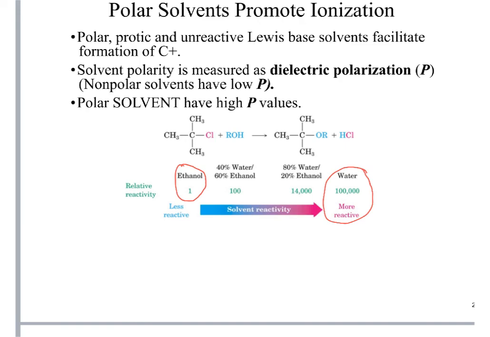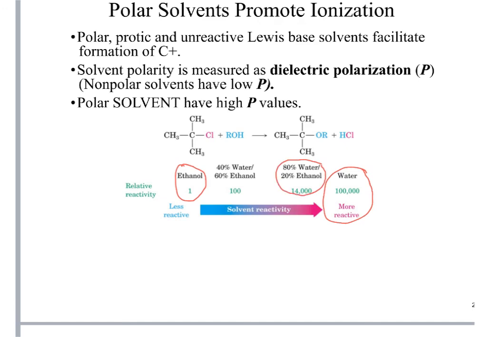This is a theoretical value, because obviously you will not be able to dissolve most organic substrates in water, so you should not select water as the best solvent for SN1. You need an organic component as well. Realistically, the best solvent system for SN1 will be alcohol mixed with water.